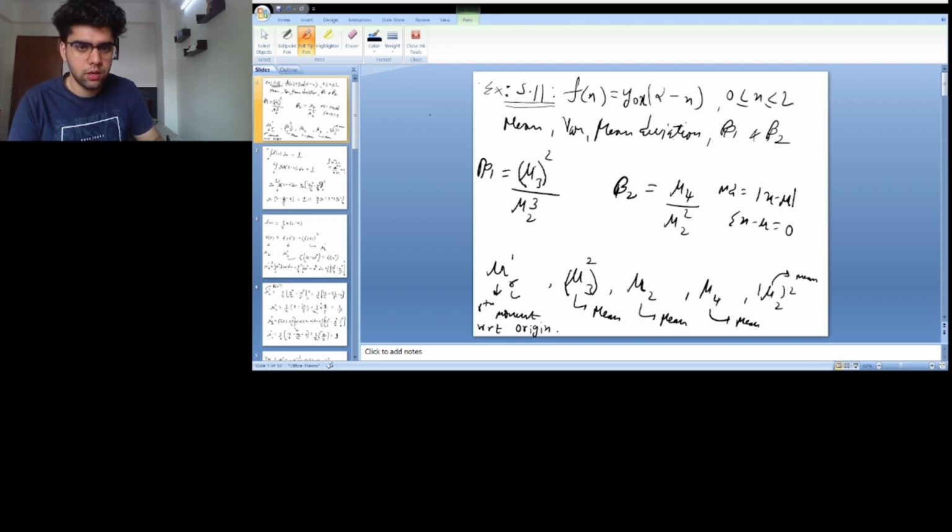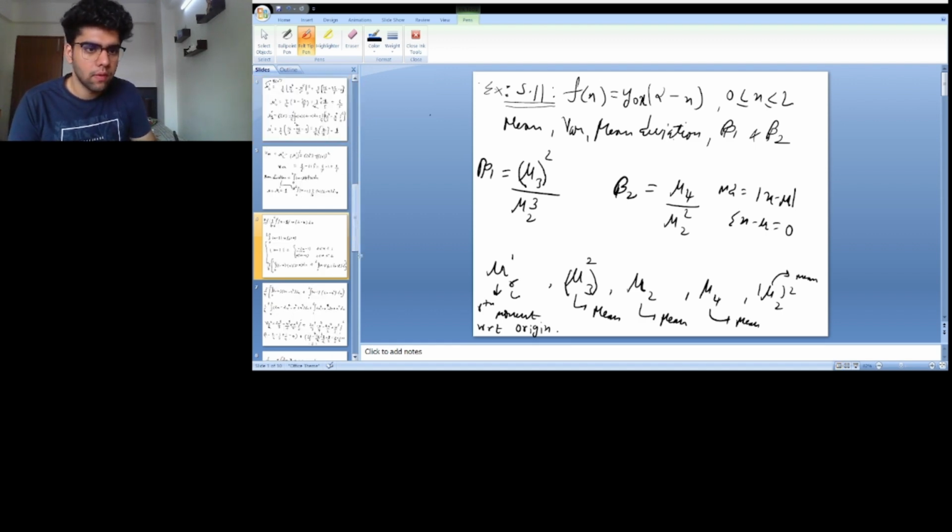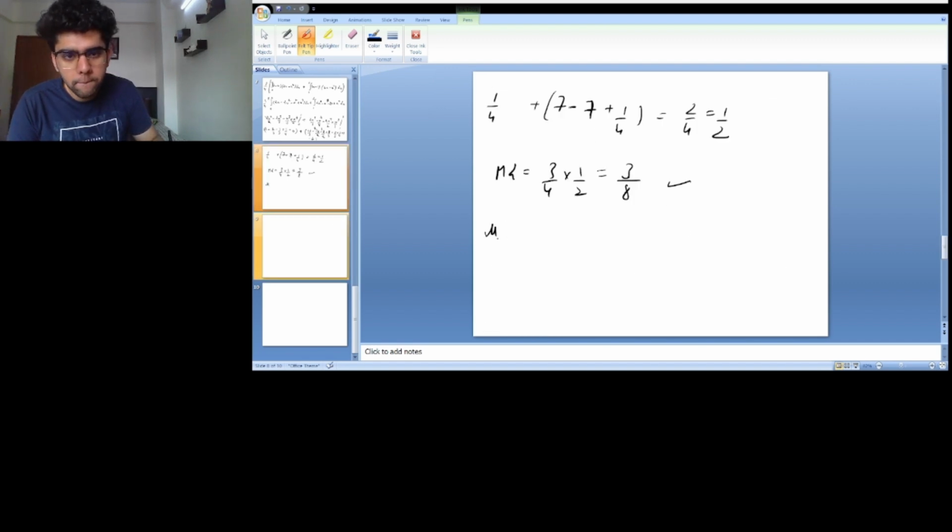When there is no dash here, we say that this is with respect to the mean, and when there is one dash here, we say that this is with respect to the origin. So the third moment with respect to the origin, the square of that. So we need to find mu 3, the third moment with respect to the origin, the whole square of that.